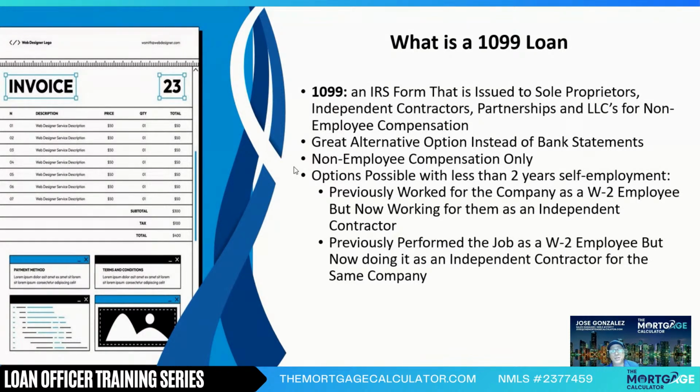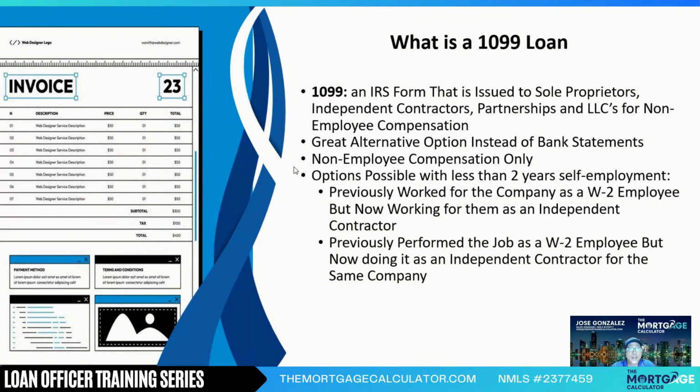In other words, you can't be an employee of a company and be receiving 1099s, right? 1099s are self employed borrowers only. A 1099 loan is a great alternative option instead of bank statement loans, and I'll get into that in a minute when I go over some of our sample guidelines that I have.